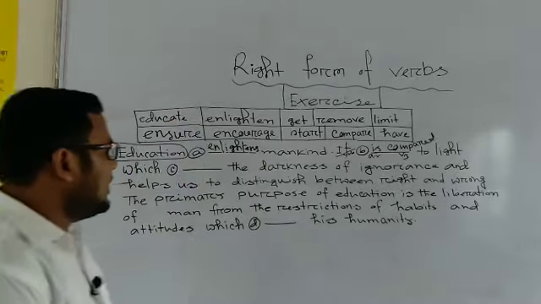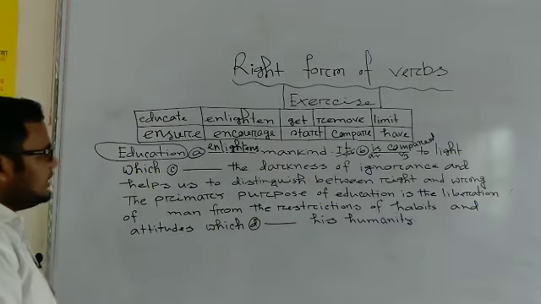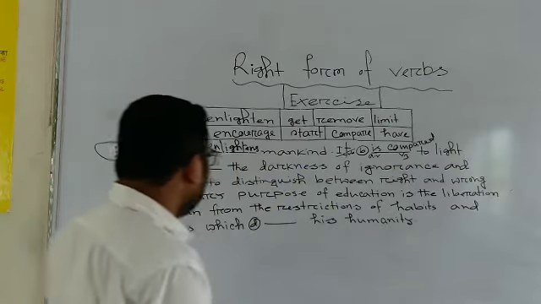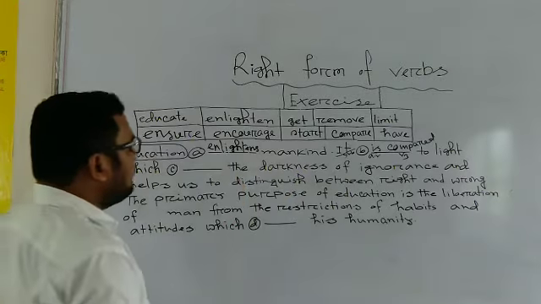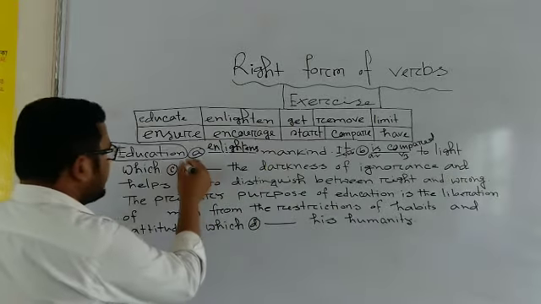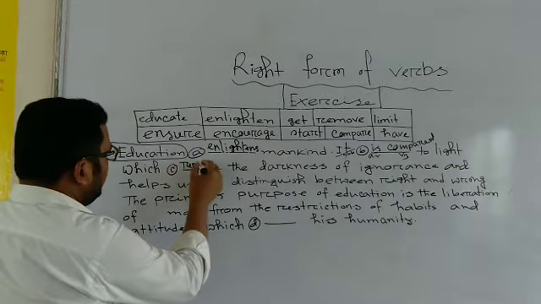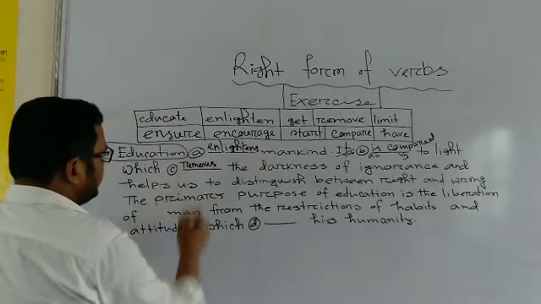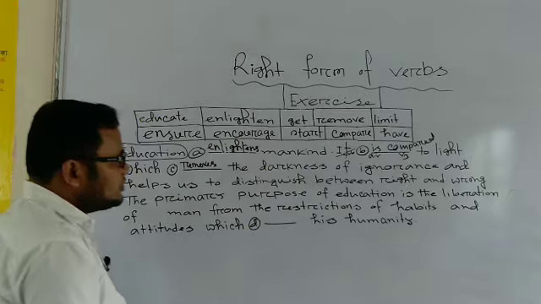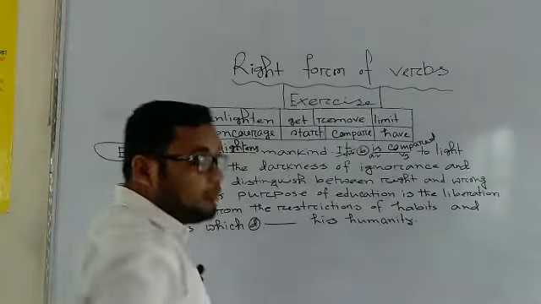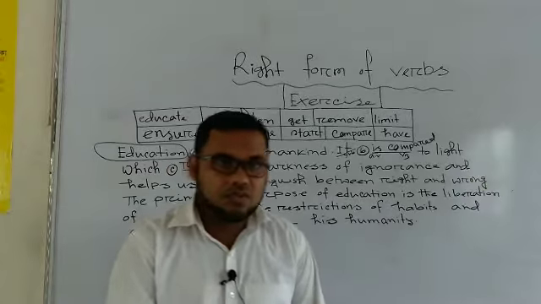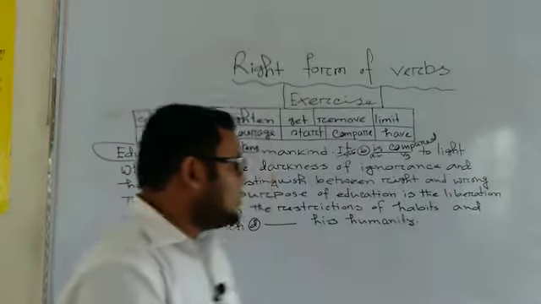It is compared to light, which dash the darkness of ignorance. Here we can write down removes. Why is it removes, not remove, though it is mentioned remove? You should write down in the script removes, not remove. So can you tell me why?